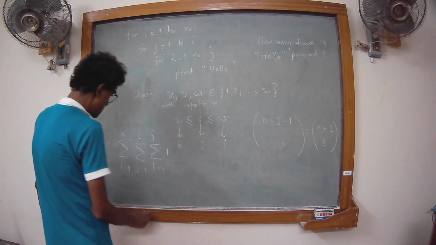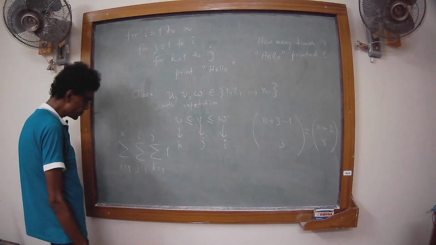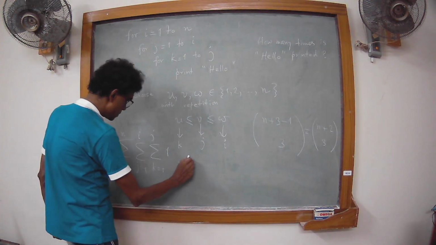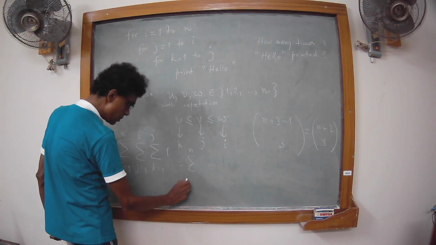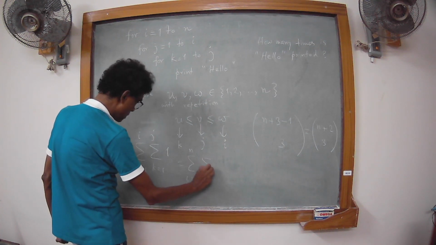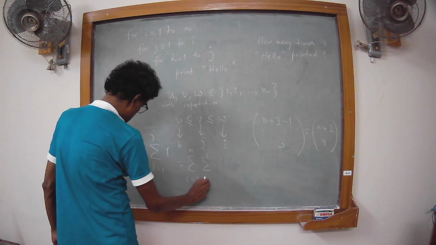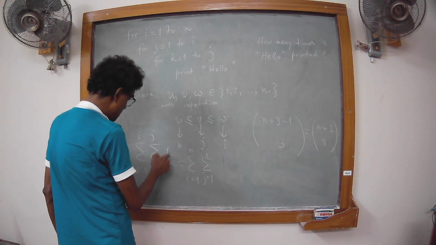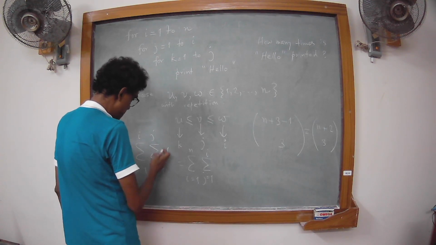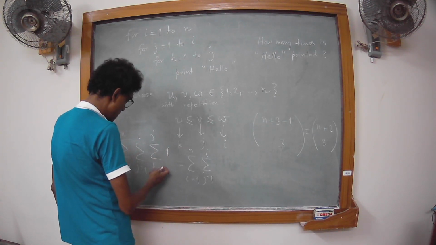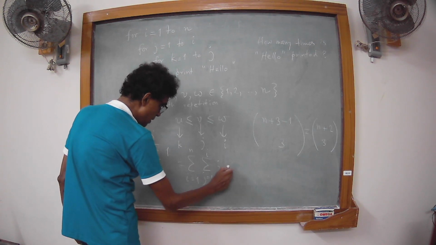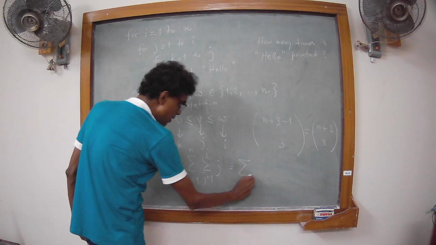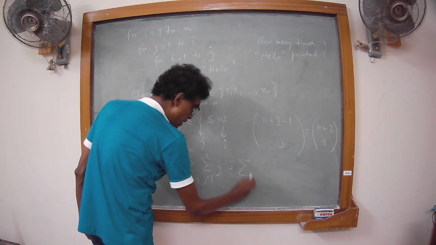So, I can write this way, eventually unfold this, j equal to 1 to I and k equal to 1 to j, 1. So, that is once it is printed for each value of I, j, k. So, how many? j. And this will be I equal to 1 to n.